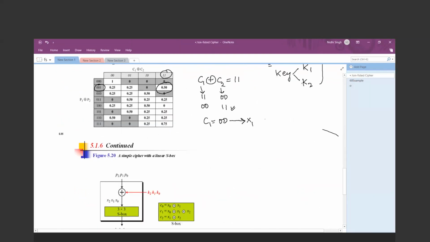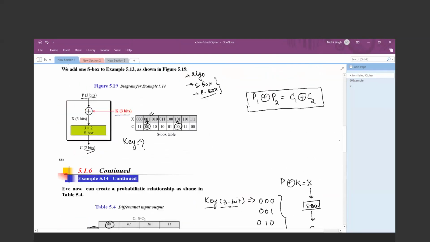So x1 is 0 0 1, or we can say x1 can be 1 1 1. There are two values associated with the ciphertext C1 equal to 0 0. So suppose I am checking x1 equal to 0 0 1. In the case of x1 equal to 0 0 1, what is the relationship between key, ciphertext and x1?